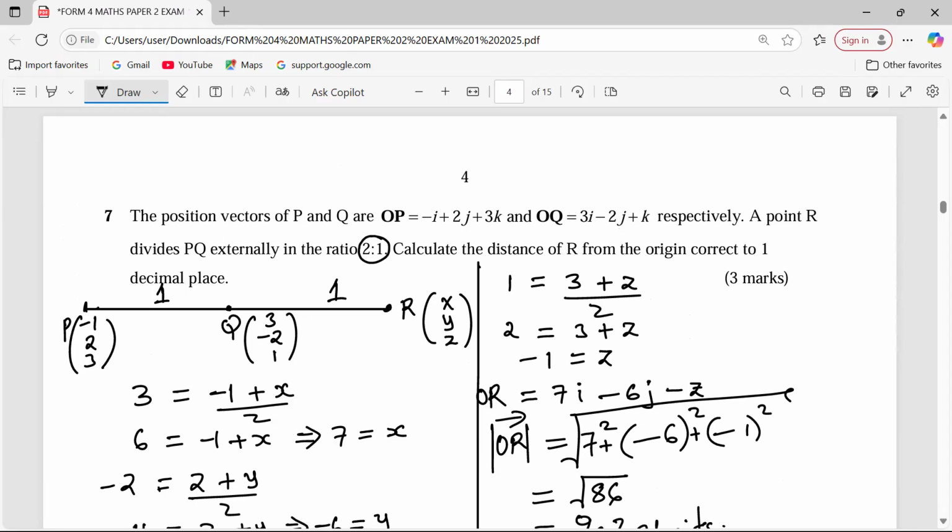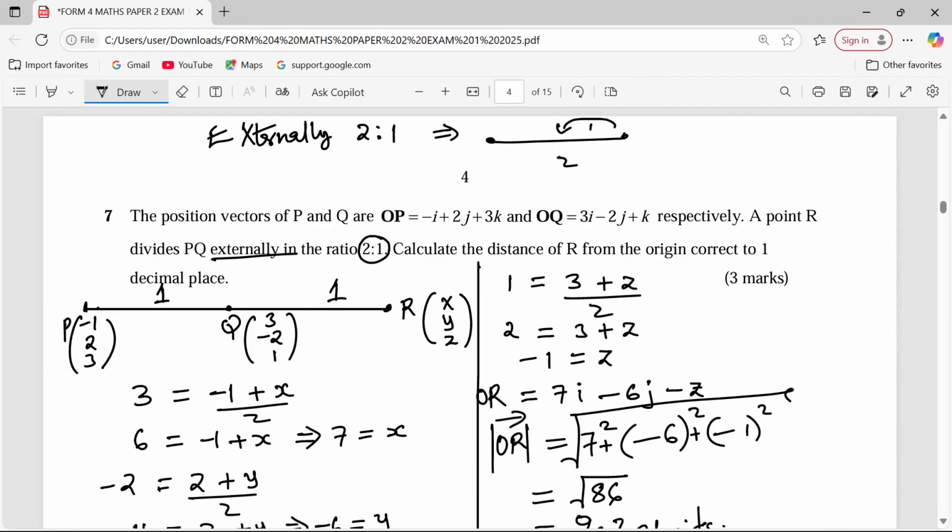Look at this. Let me emphasize something on the external division in the ratio 2:1. So when we are told the word externally 2:1, then it means from P, we are moving 2 units, then backwards 1 unit.